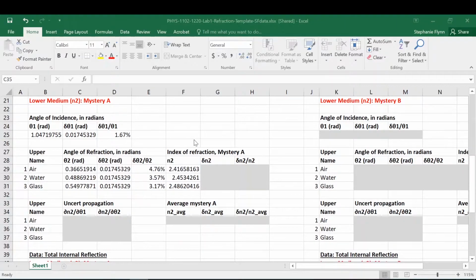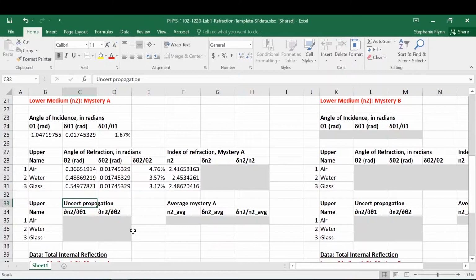So to break things down a little bit, I put in a little section underneath for the uncertainty propagation. So that's where we can figure out the numerical value for the partial derivative of n2 with respect to theta 1, and then the partial derivative of n2 with respect to theta 2.